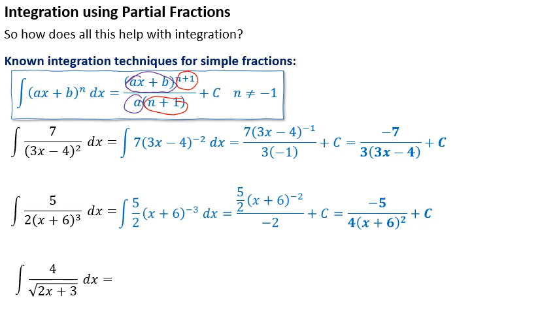The final step is to sort out those fractions. 5 over 2 over minus 2 is minus 5 over 4. So I've left a 5, a minus 5 in fact, on the numerator, and I've collected together the 2's on the bottom. Another way to think of this step is multiplying the entire fraction, the big fraction, by 2 over 2.